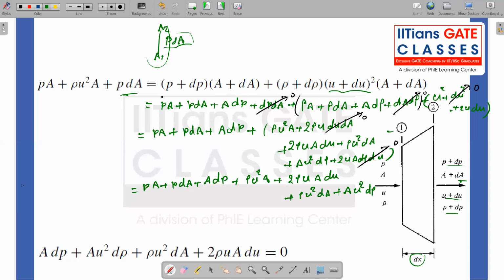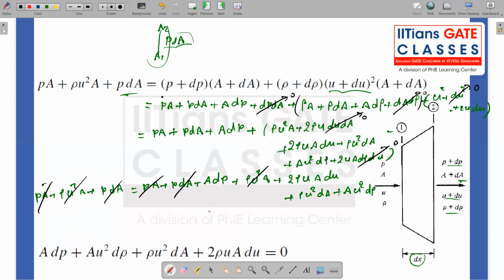So now right hand side I already have PA plus rho u square A plus P dA. So from left hand side and right hand side I can cancel PA, rho u square A, and P dA.